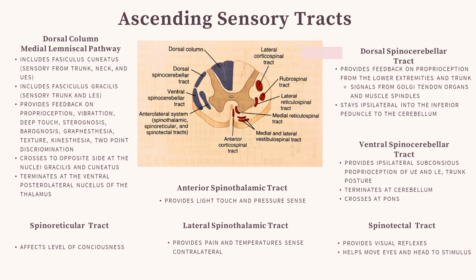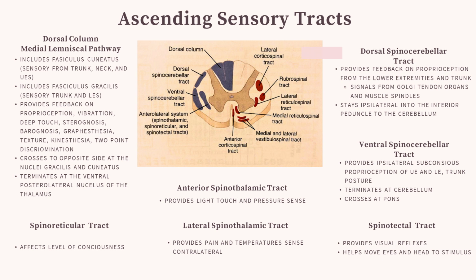And right behind that H, you see 4 nodules, and that's the dorsal column medial lemniscus. Including in that fasciculus cuneatus, we're going to get sensory information from our trunk, our neck, and then our upper extremities. So this is where we're going to get a lot of that information from.